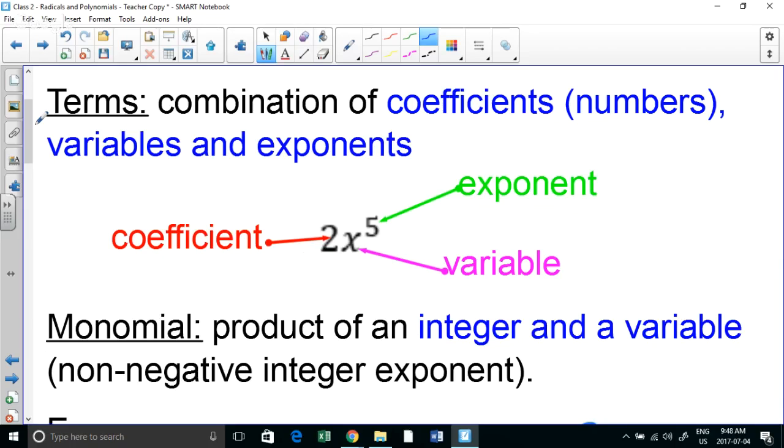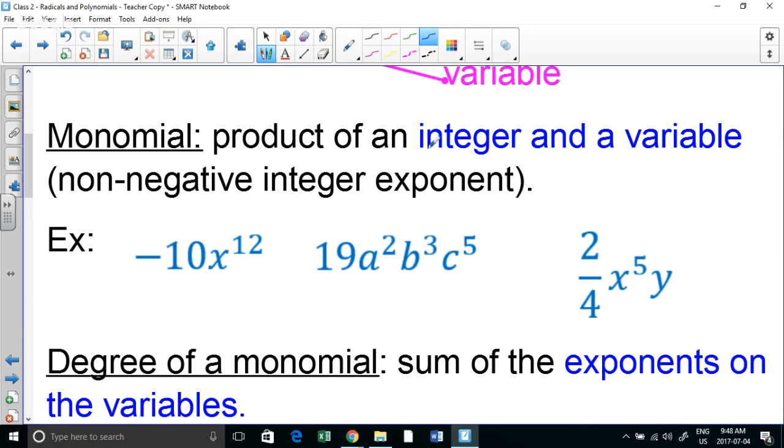So when you have 2x to the 5, the 2 is the coefficient, the x is the variable, and the 5 is the exponent. A monomial is the product of an integer and a variable. For example, negative 10 is your integer, and the variable is x to the 12.